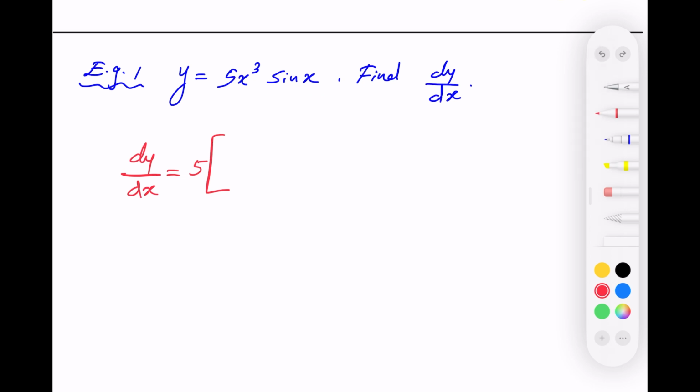So let's go ahead and do that. Let me write down the first function as it is, x cubed, and differentiate the second function. Sin x differentiation is equal to cosine x. That plus, write down the second function as it is, which is just sin x, times the derivative of the first function. When you differentiate x cubed, we know it's going to be equal to 3x squared.